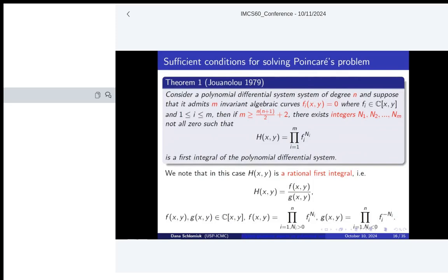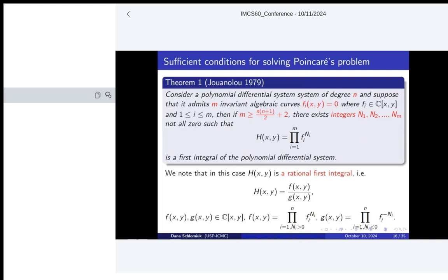Now, sufficient conditions for solving Poincaré's problem appeared only in a theorem given one century and one year after the paper of Darboux, namely by Jouanolou. And he said that if we have m invariant curves, and if m is sufficiently large, greater than or equal to n times n plus 1 over 2 plus 2, then there are integers n1, n2, ..., nm such that the product of powers of fi raised to these exponents ni, which are integers, is a first integral.